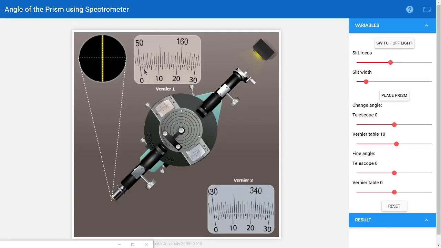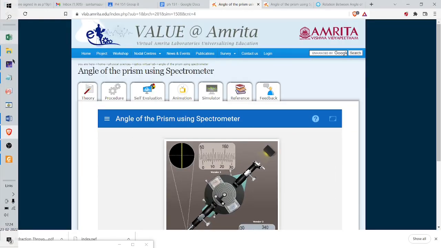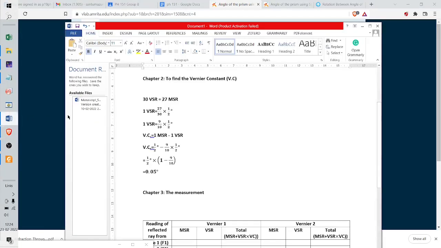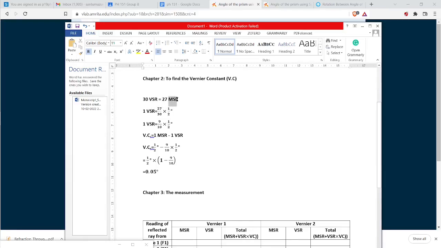Let's check. This is 150, this is 151, this is 152, this is 153, and so on. In between 150 and 151 there is one graduation, so that must be 150.5, that means 0.5, half degree. So we have taken one main scale reading equals half degree. So we have replaced this MSR with half degree.